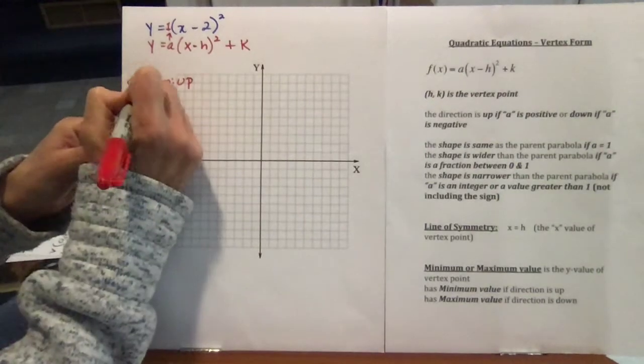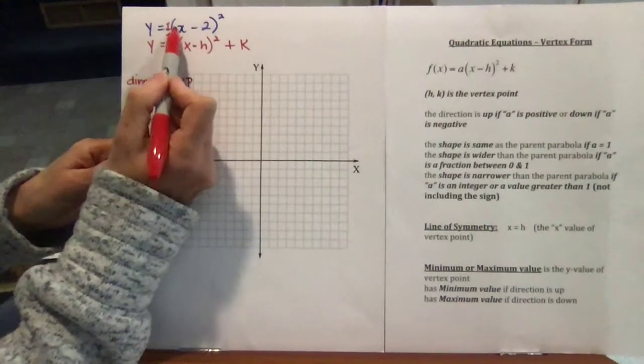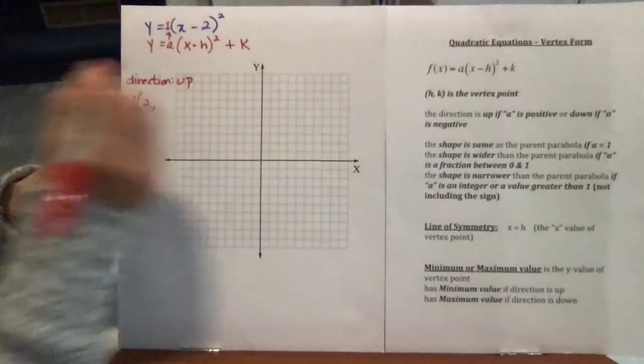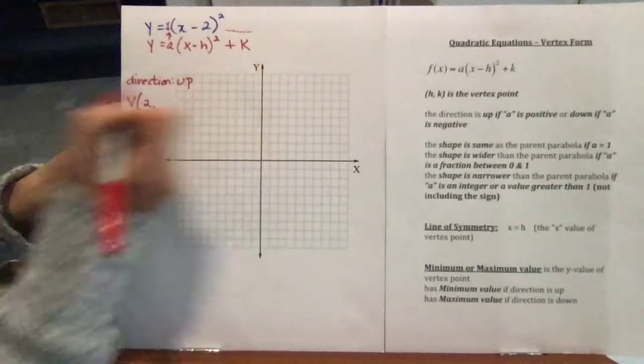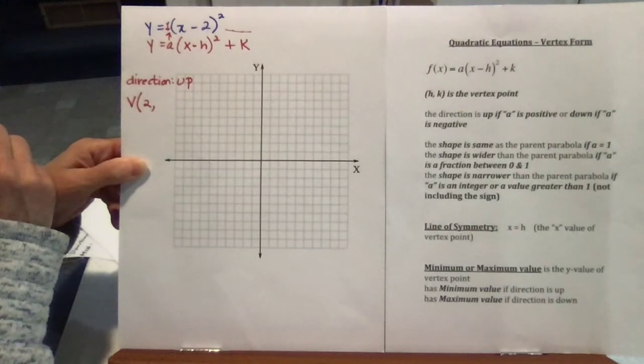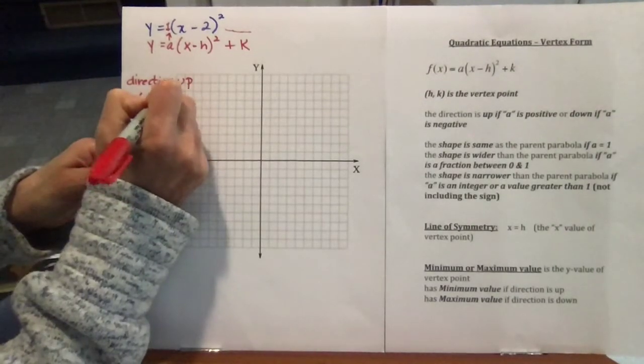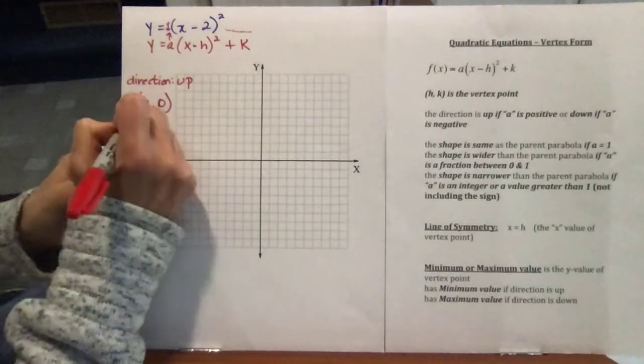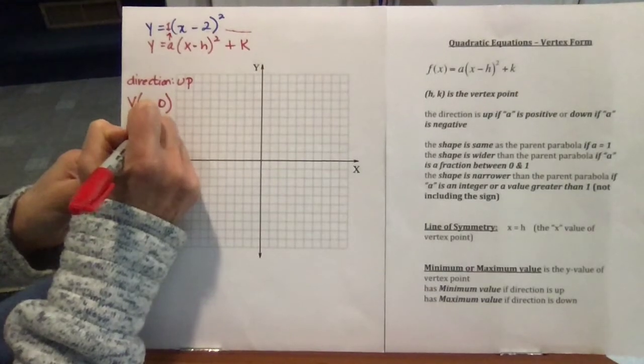All right, our vertex is what we need next, okay? Parens x minus, so our vertex is 2 for the x, and we don't have anything here after the squared quantity, so it's 0. We haven't added anything to it, so it's 0. All right, so we could also write our line of symmetry right now.